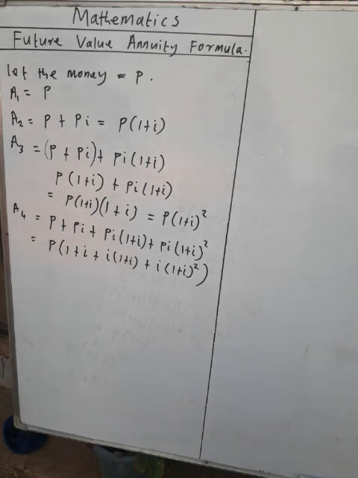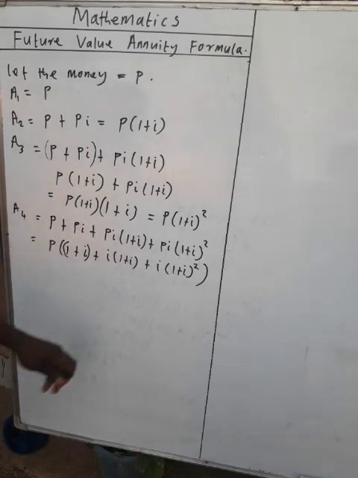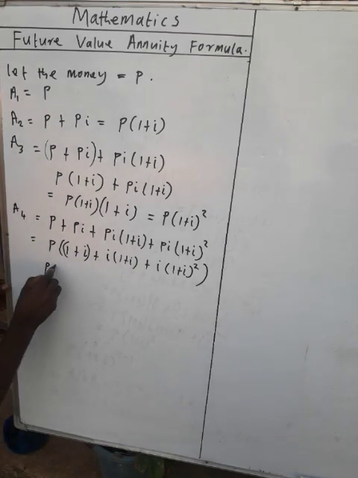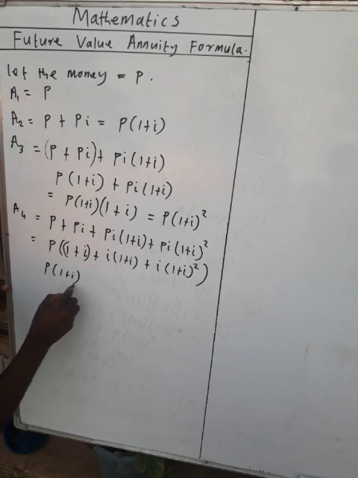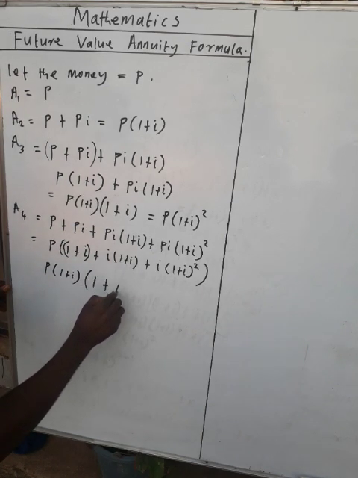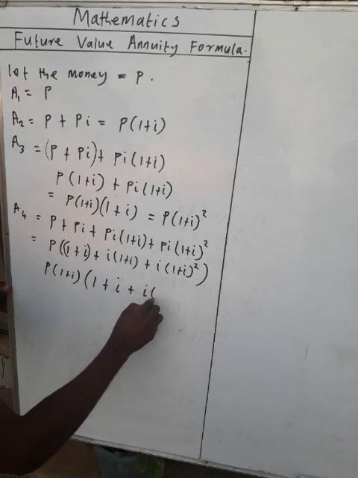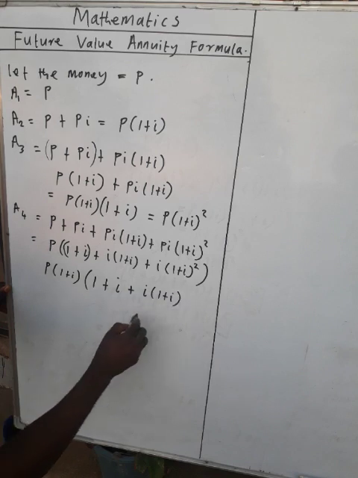What am I going to factor out again? Group these two, 1 plus I, in a bracket and factor out 1 plus I. So I have P bracket 1 plus I factored out, here remains 1 plus here remains I, here remains I bracket 1 plus I.